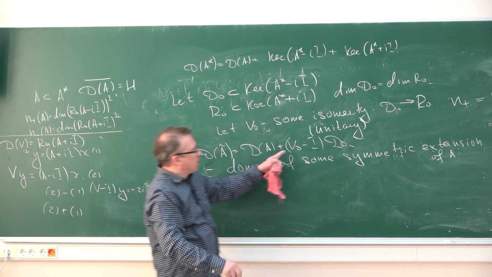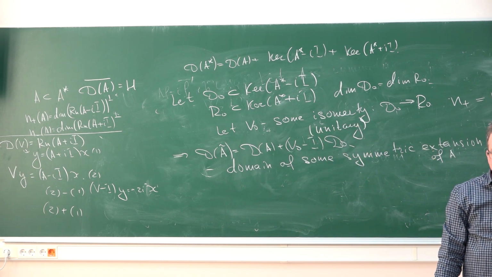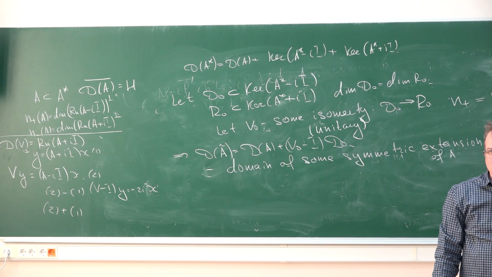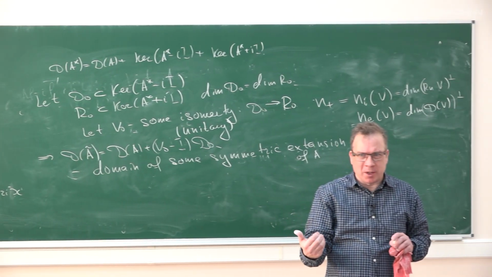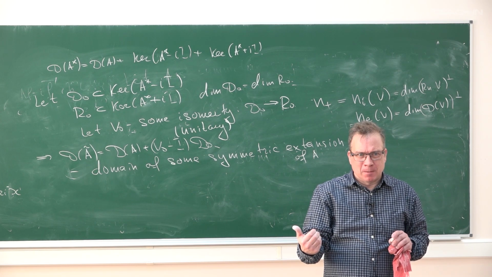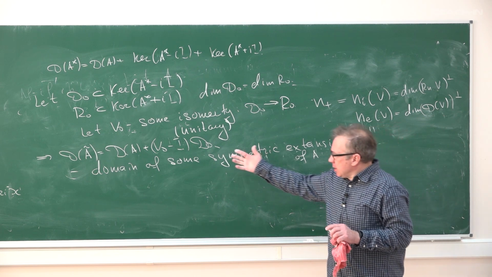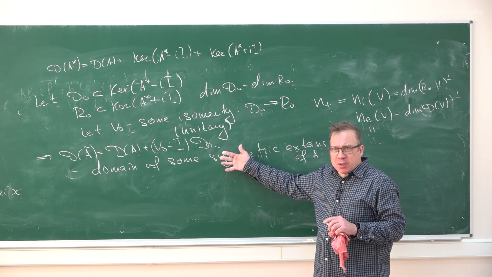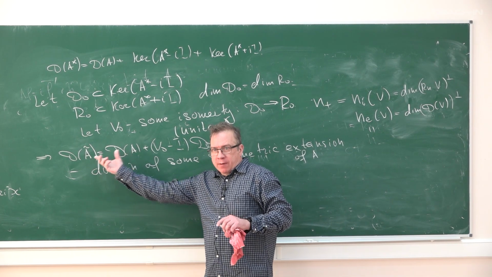Why do we have here V0 minus I? It is just an extension of the domain. It's the domain of a symmetric operator. Yeah? So it was really our original operator, and we have extended it.